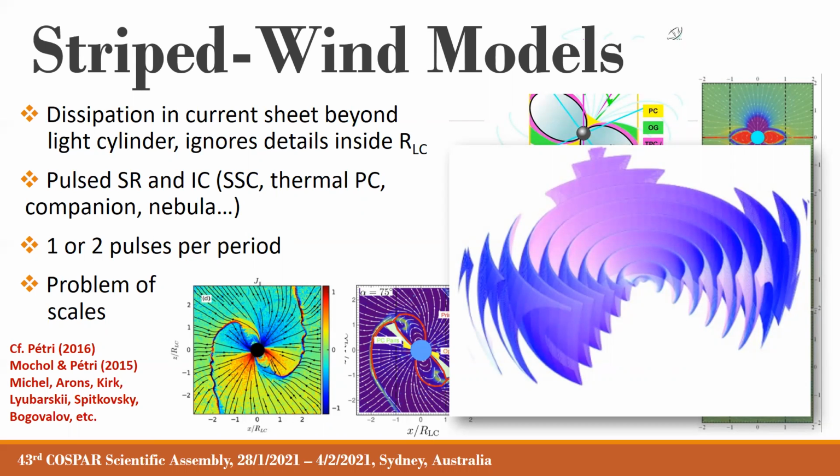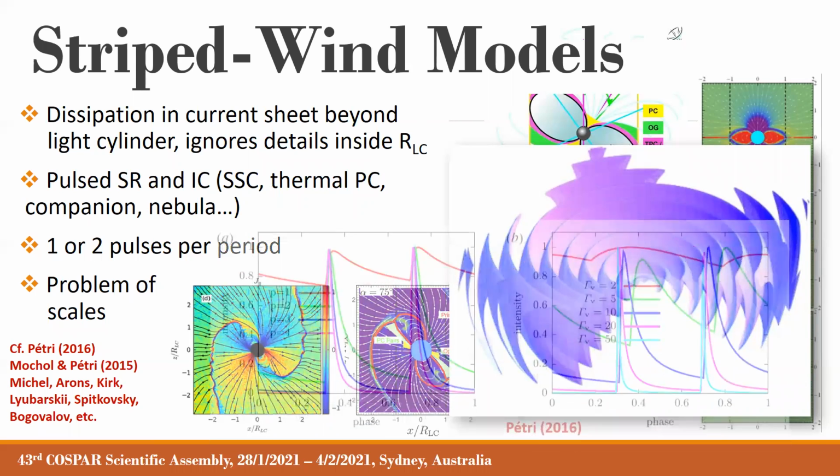And from this region in space surrounding the pulsar, one can actually expect 1 or 2 pulses per period for the light curves. But there remains a problem of scales because one can solve analytically even the bigger scale structure, geometrically speaking, but then the microphysics and magnetic reconnection and all these details of acceleration escape description because it's a much, much smaller scale.